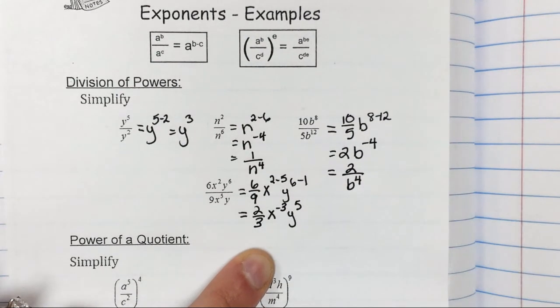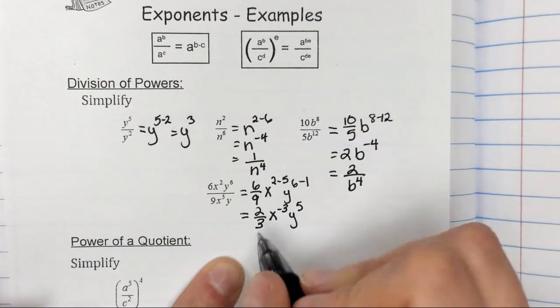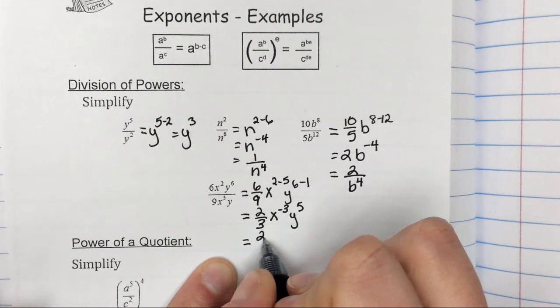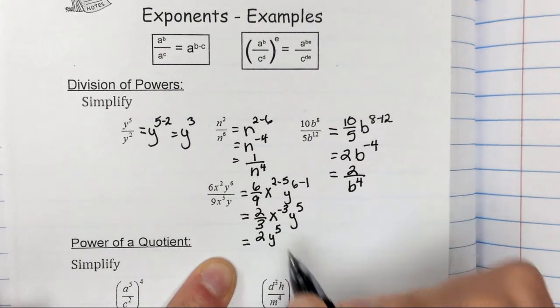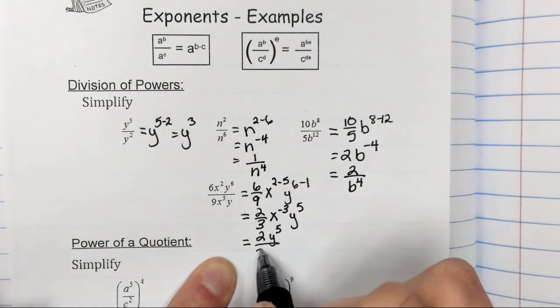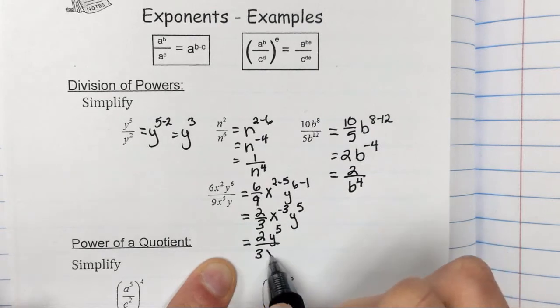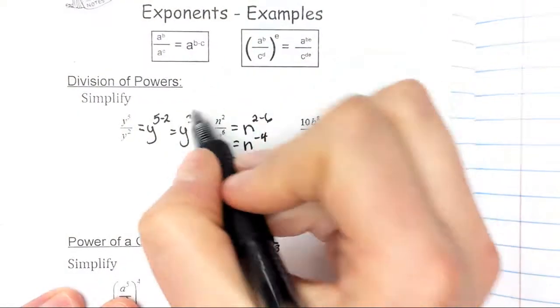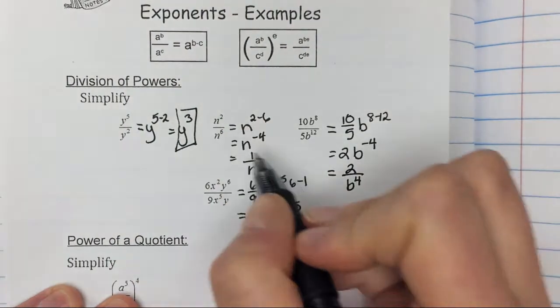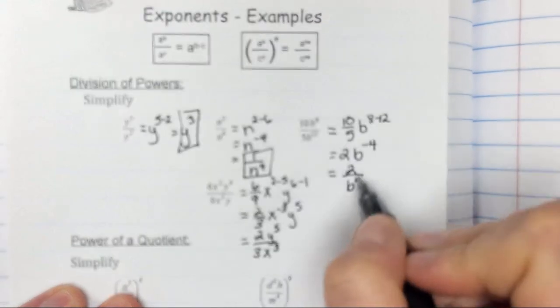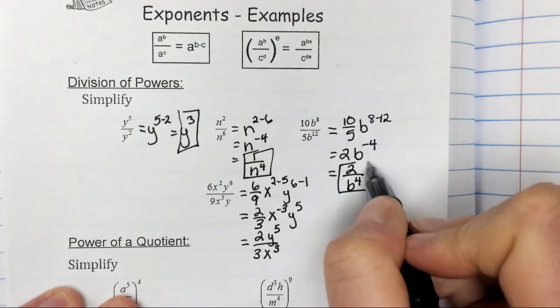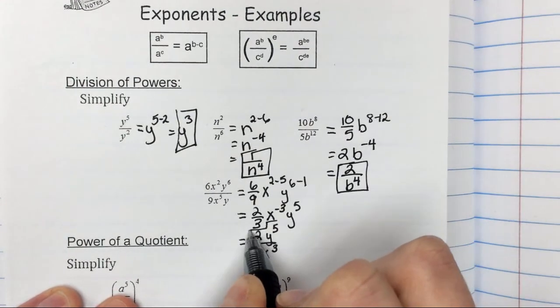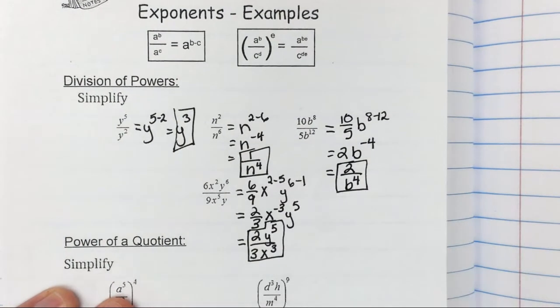Then I want to put everything into one fraction. So the 2 stays in the numerator, the y to the 5th stays in the numerator, the 3 is in the denominator, and the x to the negative third becomes x to the third in the denominator. Always a good idea to go back and box your final answers so you know what they are, so it's easier for you to go back and check your work if you need to.